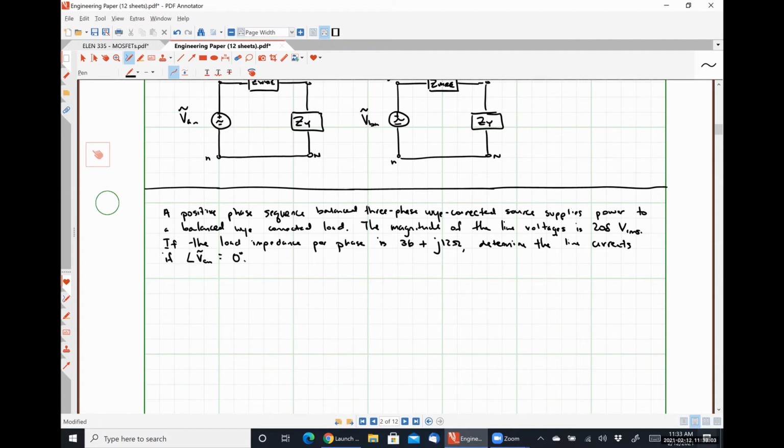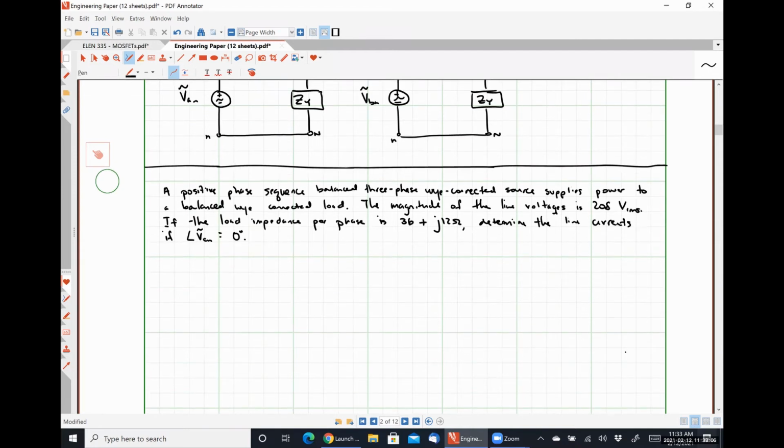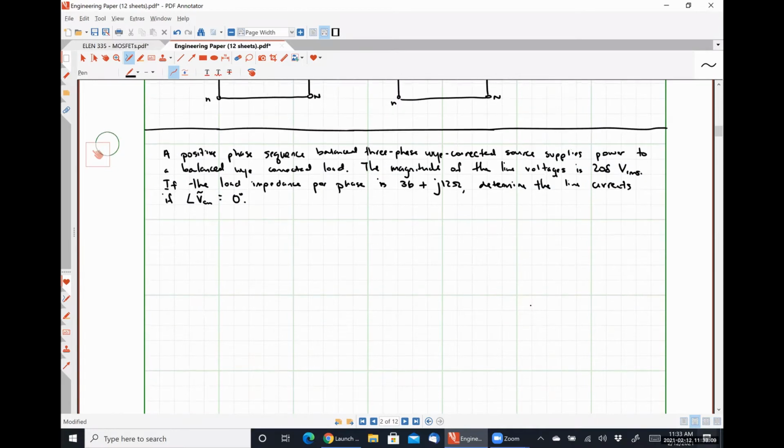So if I wanted to draw our circuit based on the problem statement, it would look something like this. Here's A, B, C, and N. Here's VAB, which we do not know.